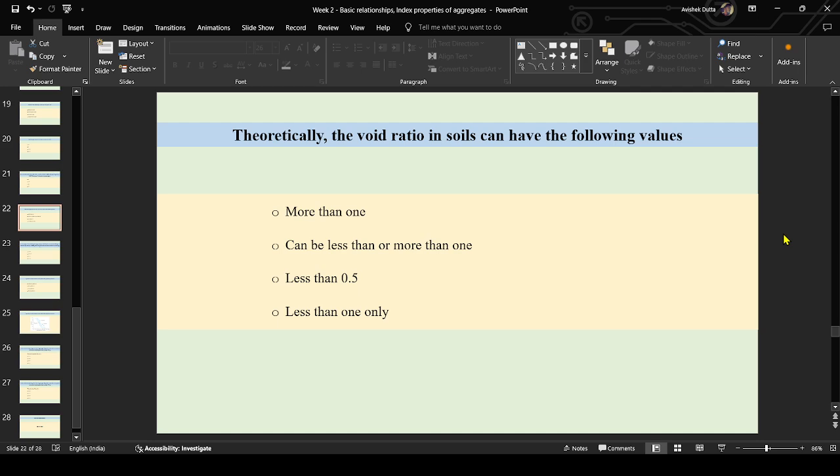I repeat, theoretically, the void ratio in soils can have the following values: more than 1, can be less than or more than 1, less than 0.5, less than 1 only.